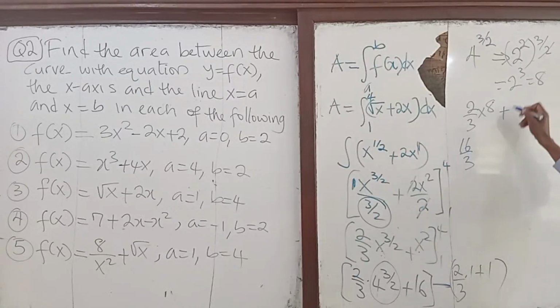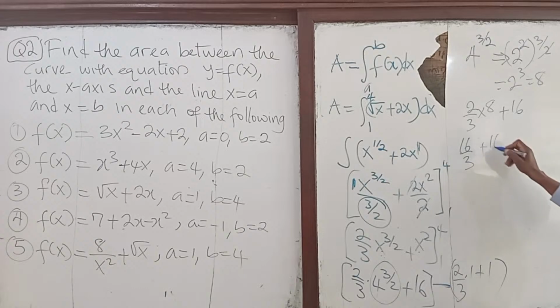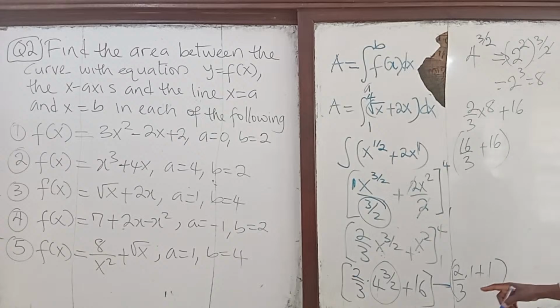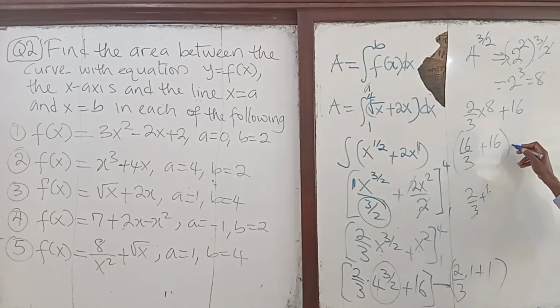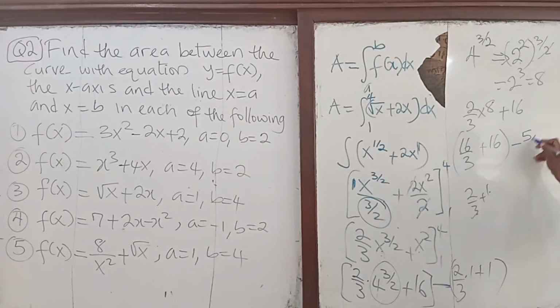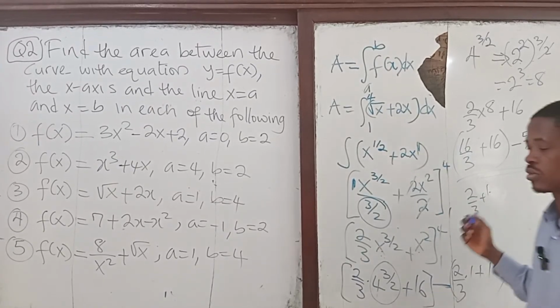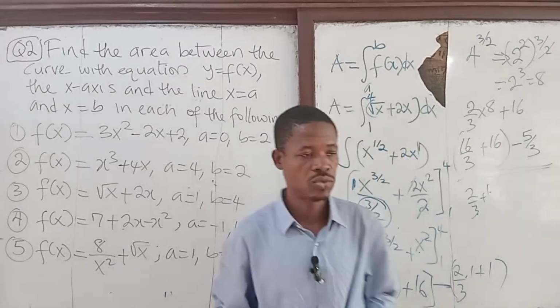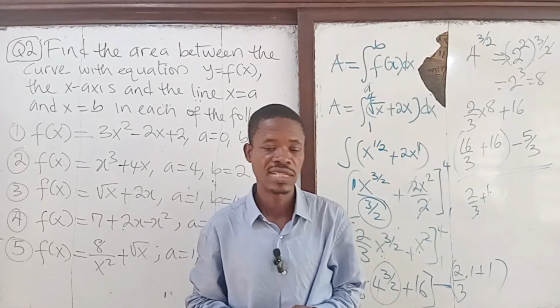And then plus 16. Close that one. Then 2 over 3 plus 1, that's 5 over 3. So minus 5 over 3. So we can solve this one and get the final conclusion. Let's solve that and get the final conclusion. Okay, so that's that.